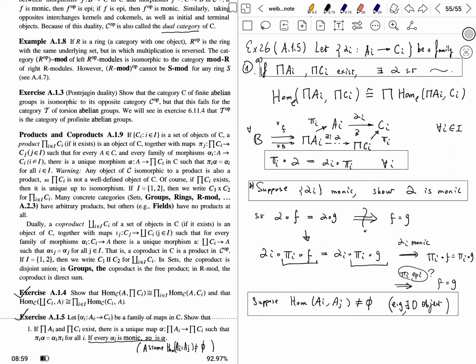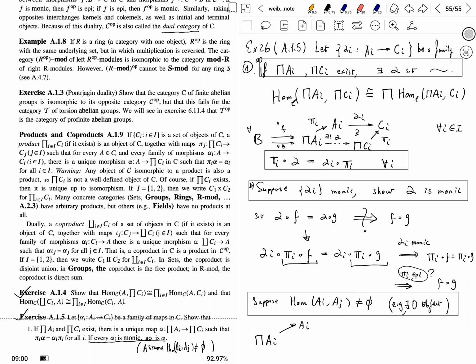Under this assumption, let's see how it works. I'm going to prove pi_i is an epimorphism. You start with an arbitrary A_i, and construct a map to the product of the A_i. Suppose the product of the A_i already exists.